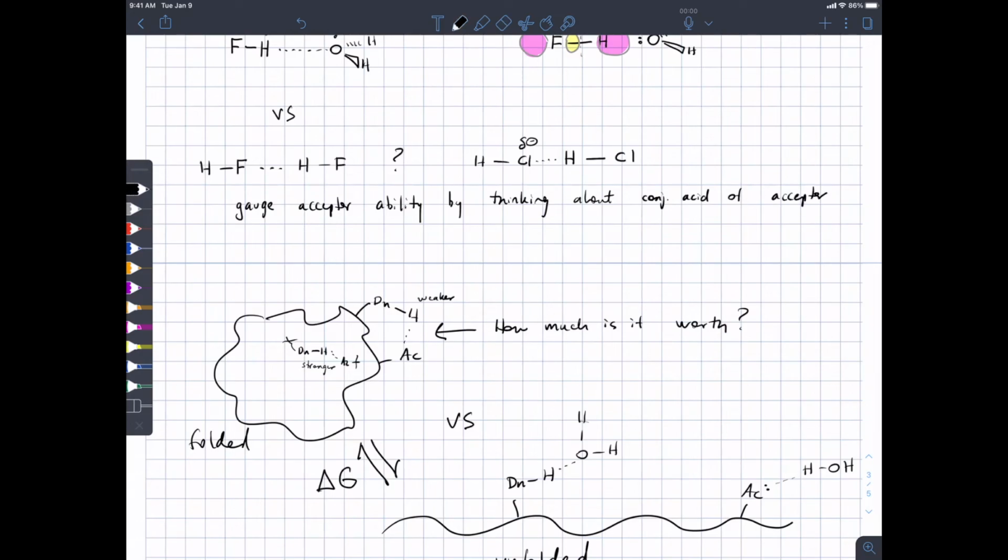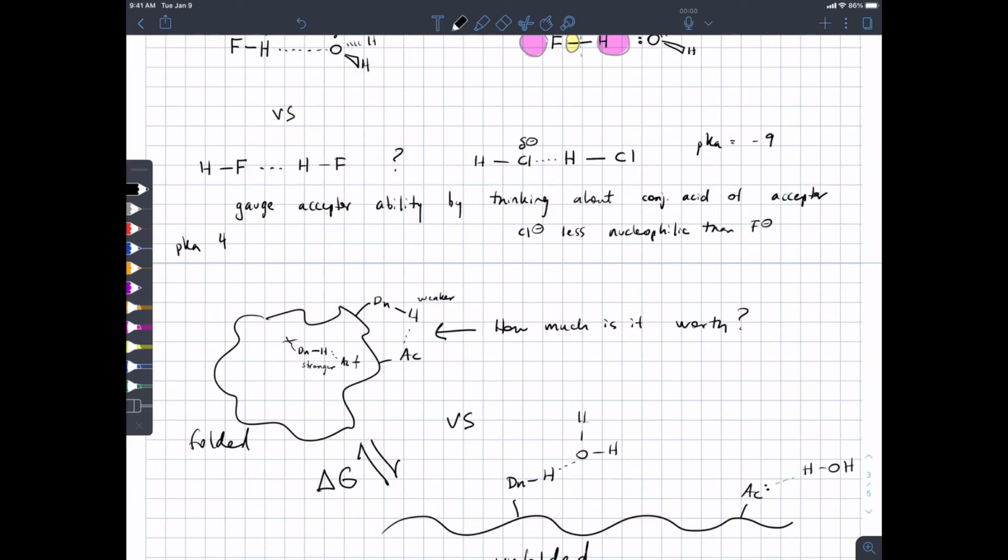As an example, if I want to know how strong an interaction is involving fluorine, the pKa of HF is about 4. The pKa of HCl is like -9, which tells you that chlorine is much less nucleophilic than fluorine, at least in certain solvents. So you'd predict it would not be quite as good an electron donor, not quite as good a hydrogen bond acceptor.